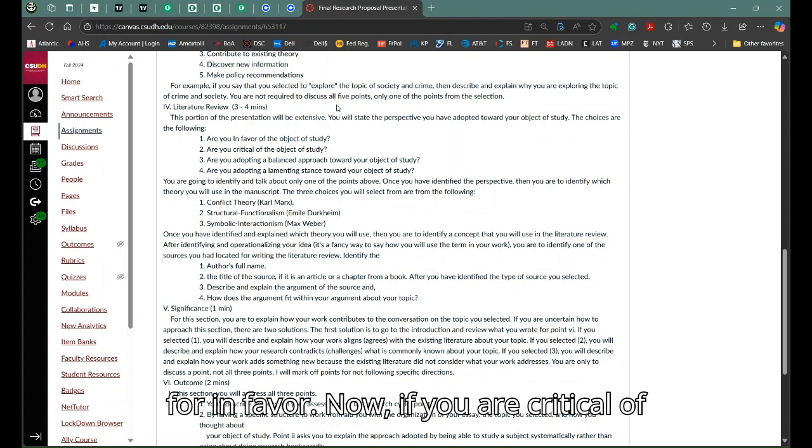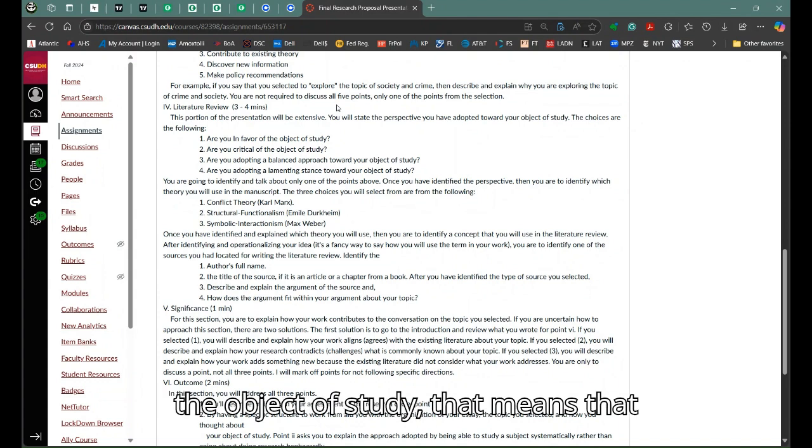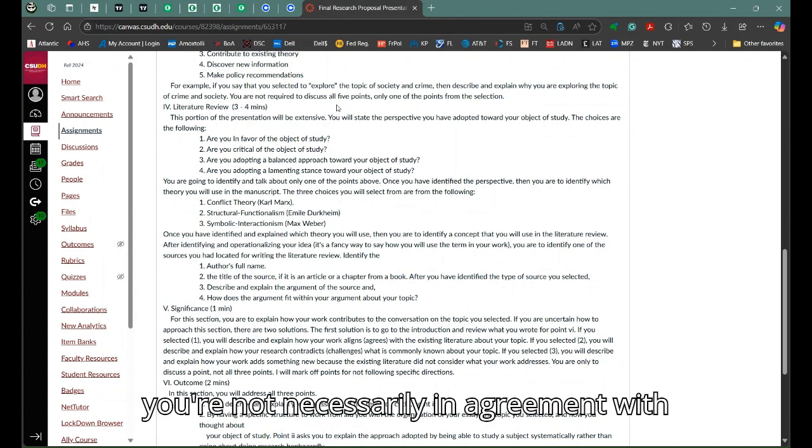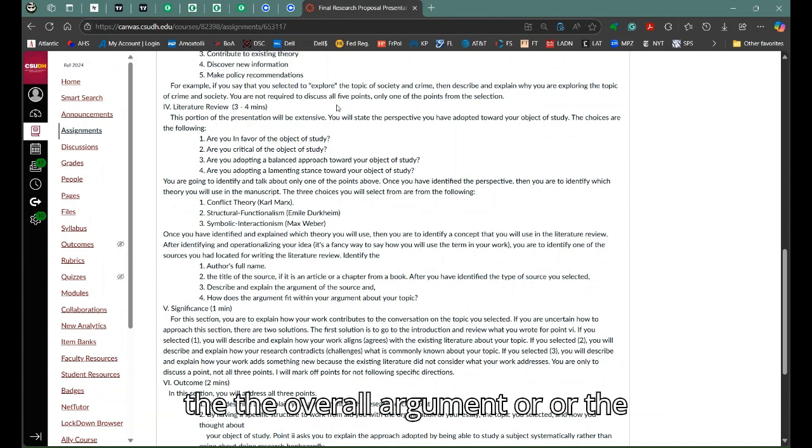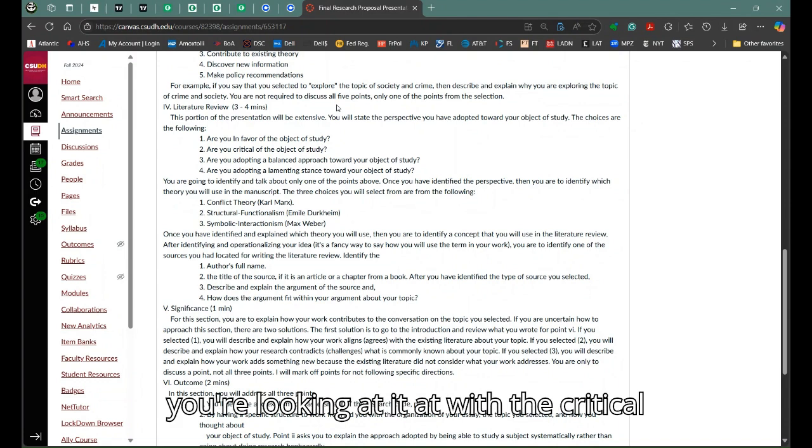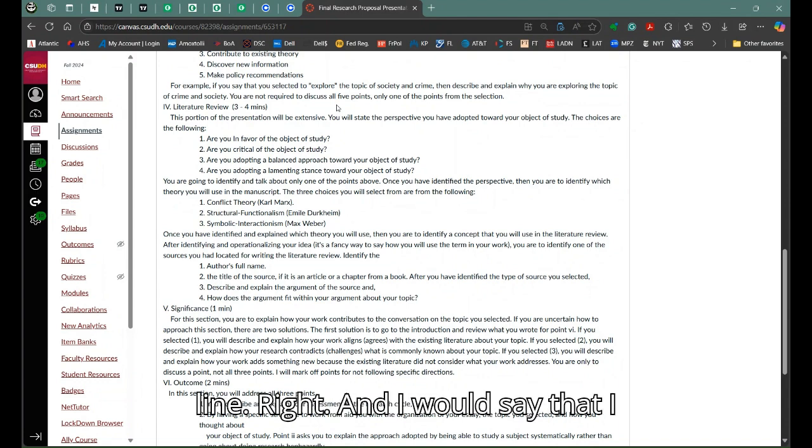Now, if you are critical of the object of study, that means that you're not necessarily in agreement with the overall argument, or the topic itself, but you're looking at it with a critical eye, right? And I would probably take a critical eye on understanding the relationship between how crime is used to inform public policy, right?